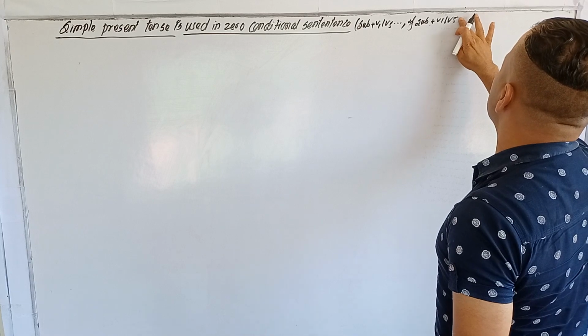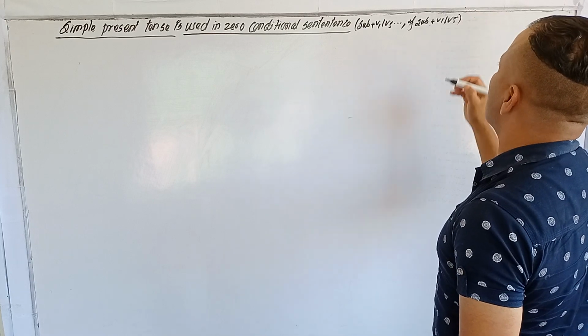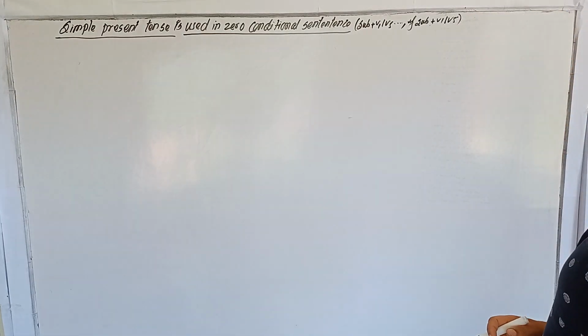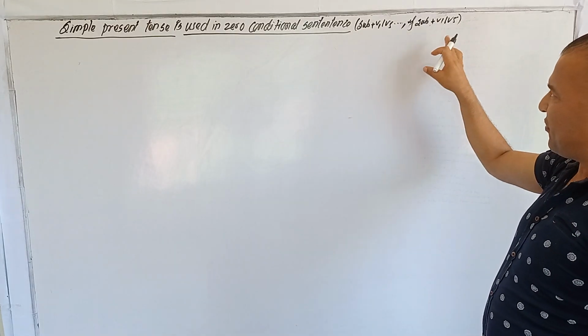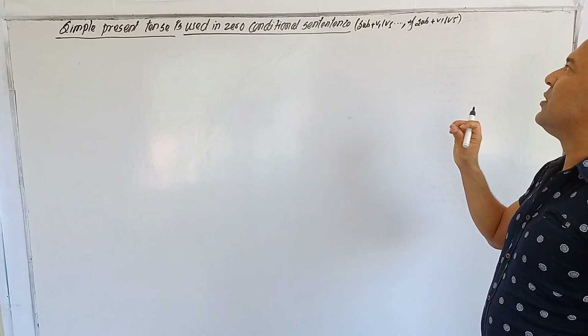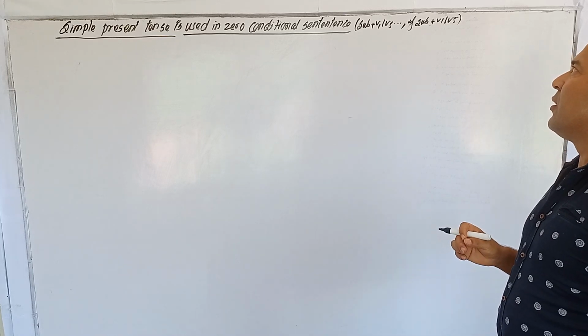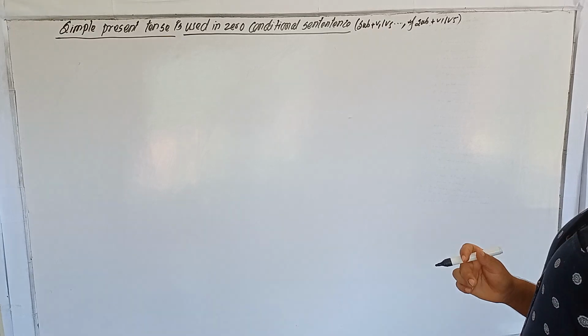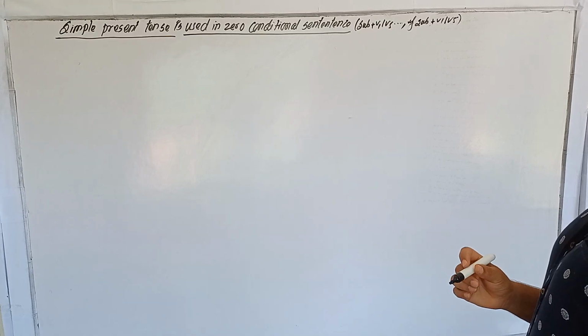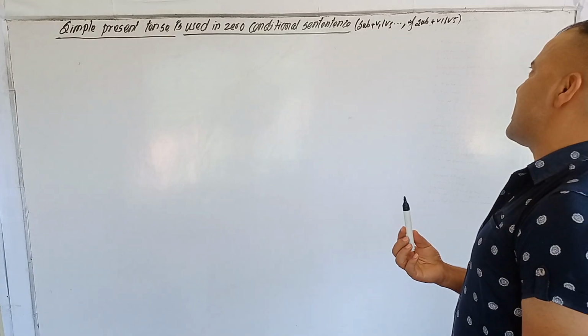Only this, no need for anything else. This is the structure. Subject plus V1, or if plus V1, then subject plus. This is the sentence structure of simple present tense used in zero conditional sentences.